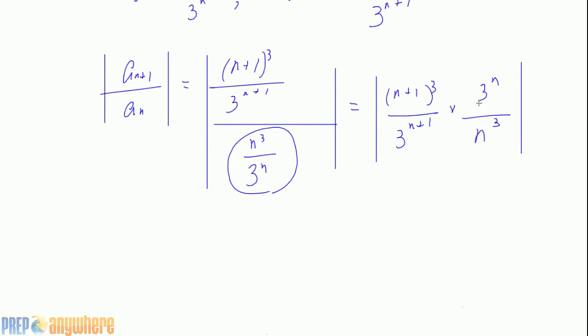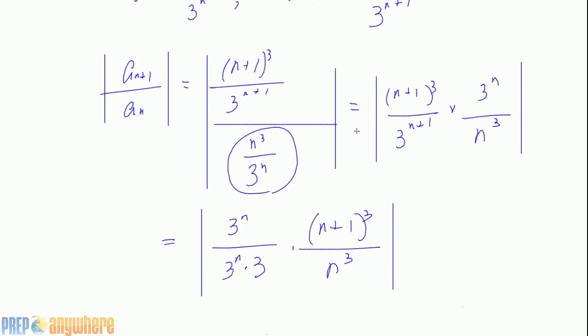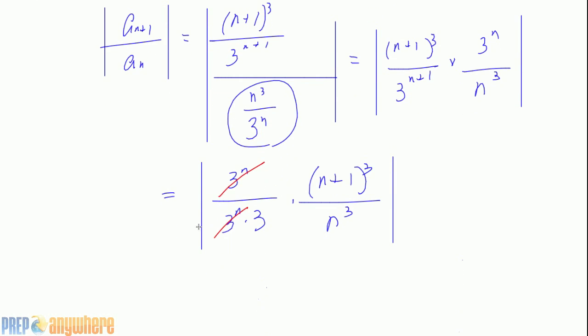Okay, so let's collect the exponents of 3 together. You get 3 to the power of n over 3 to the power of n times 3, and here we have (n+1) to the power of 3 over n to the power of 3. So you can see right away that we can do some reducing here. 3 to the power of n cancels, so we get 1 over 3, times this thing raised to the power of 3, (n+1) over n.